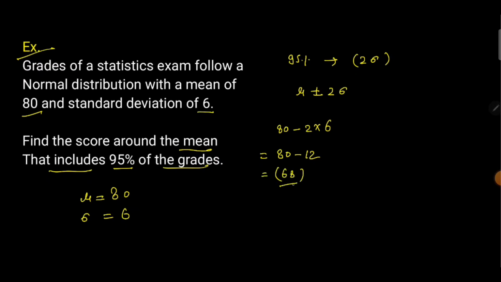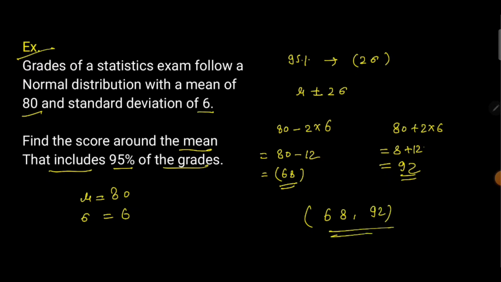This is our lower range. Now the upper range: 80 plus 2 into sigma, that is 6, equals 80 plus 12 equals 92. So this is our upper range. So about 95% of the data will lie within this range, that is 68 and 92.